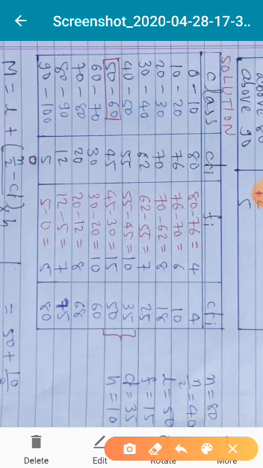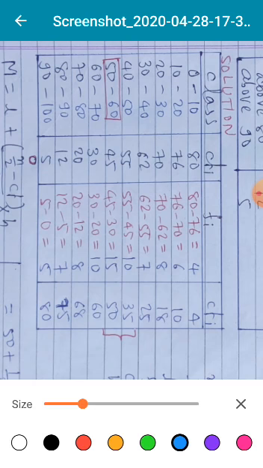So it is here, 35 to 50. Out of these two numbers, the next one is selected, so it is 50 to 60, and that is our median class.